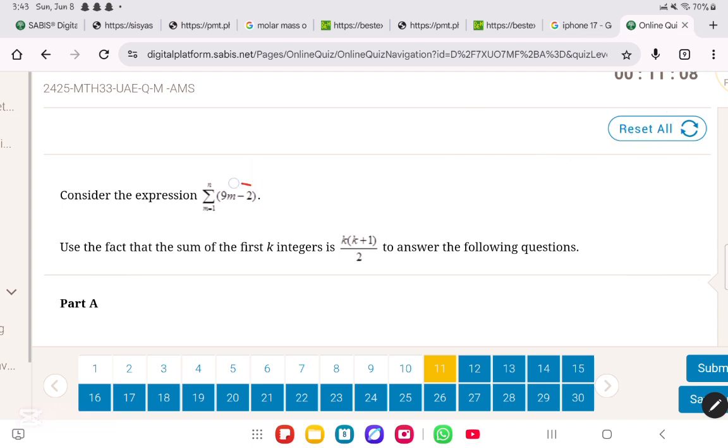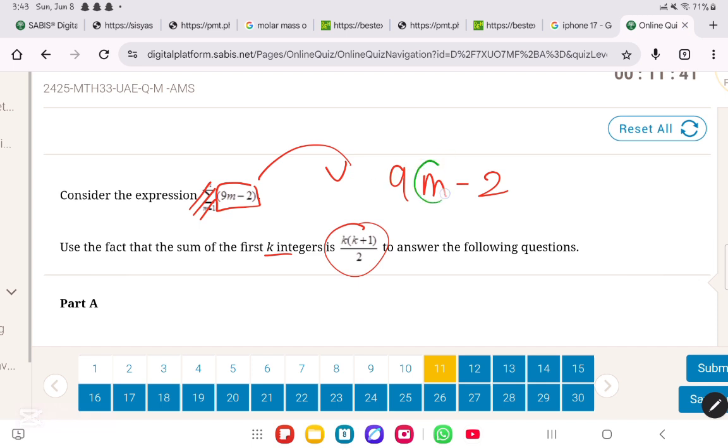They gave us 9m minus 2, and they gave us that the sum of the first k integers is k times k plus 1 over 2. Now, pay attention. Take out the 9m minus 2. This does not exist anymore. You will totally forget that this exists. So, 9m minus 2. What do you notice?